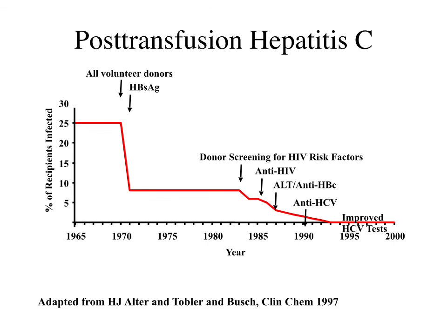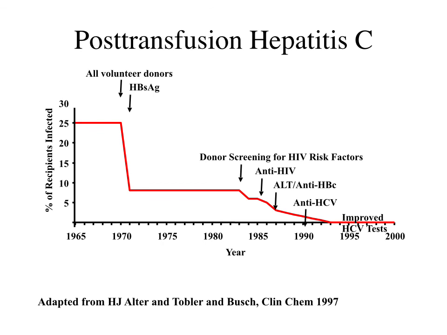In this graph, you can see how screening has greatly reduced the risk of acquiring hepatitis C through transfusions. Across the bottom of the graph, we just have year, and we're looking at the percent of recipients infected. Initially, around 1970, they developed a screen for hepatitis B surface antigen.